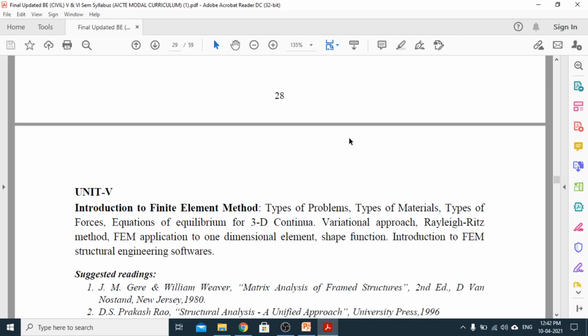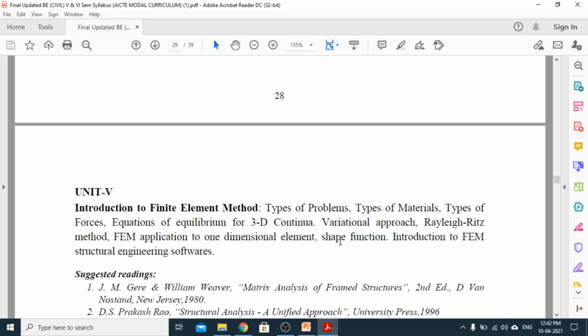We'll cut down the beam, take a small part of it and study that particular small part, then we integrate that to get the final result. Again, we have different types of problems, types of materials and even types of forces in that. Then we have some techniques to solve this, that is Rayleigh-Ritz method and one dimensional element method.